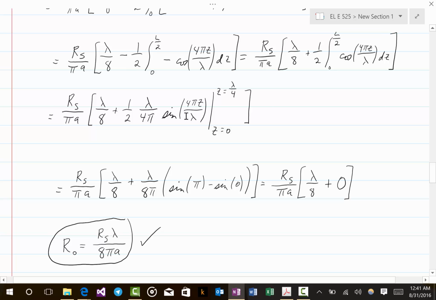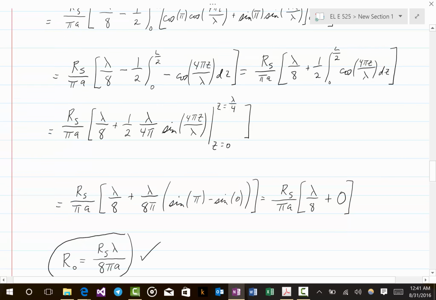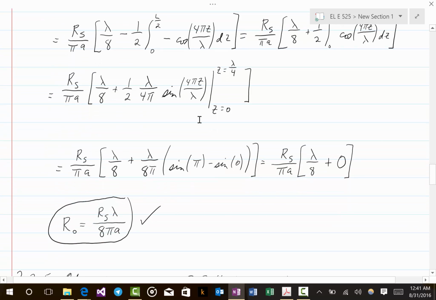Everything else we just bring down, so we get lambda over 4 pi, and then of course the integral of cosine u du is sine u, so we have sine of 4 pi z over lambda, evaluated from z equals 0 to z equals L over 2 as the upper limit, but remember L is lambda over 2, so that becomes lambda over 4. And now we're almost done.